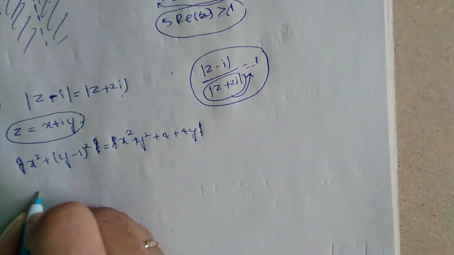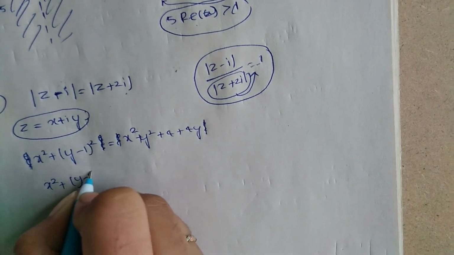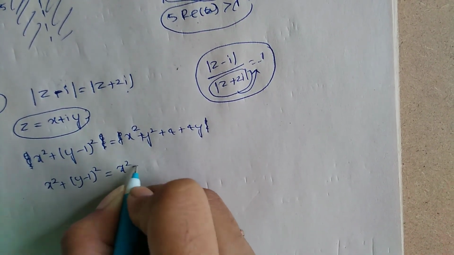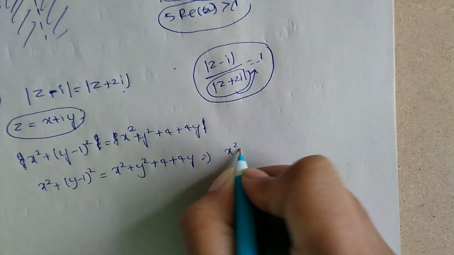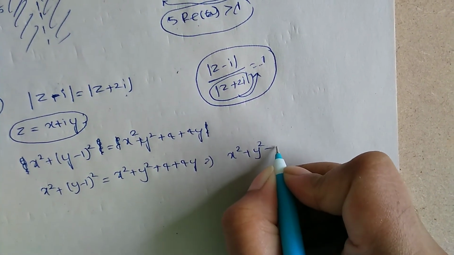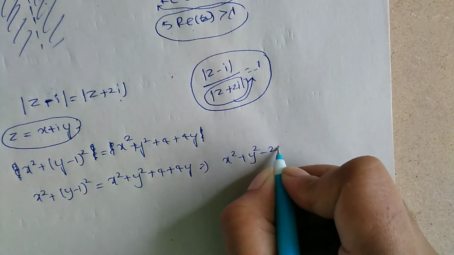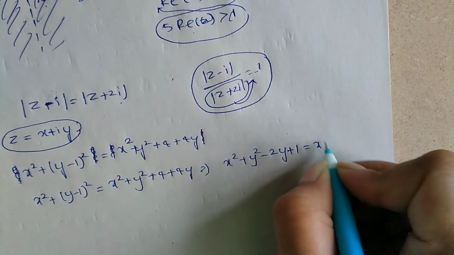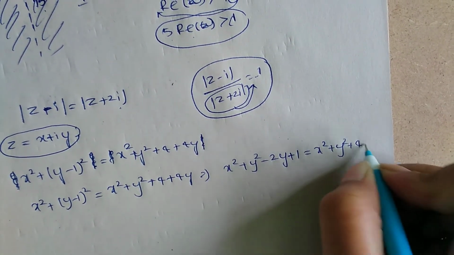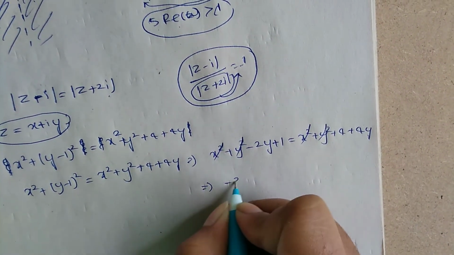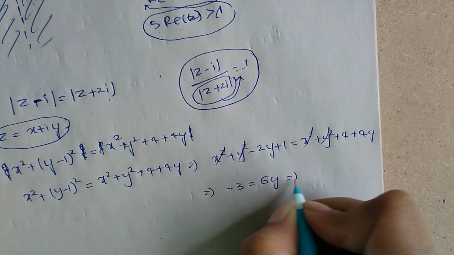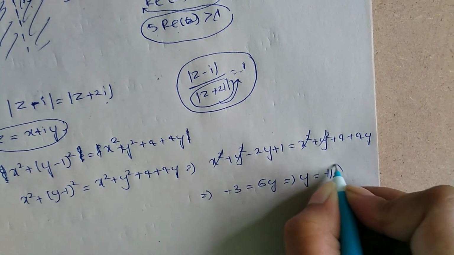Sorry, modulus cancelled. x square plus (y minus 1) whole square is equal to x square plus y square plus 4y, which implies x square plus y square minus 2y plus 1 is equal to x square plus y square plus 4y. x square gets cancelled. Minus 3 is equal to 6y, which implies y is equal to minus 1 by 2.